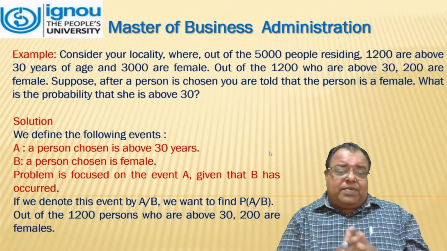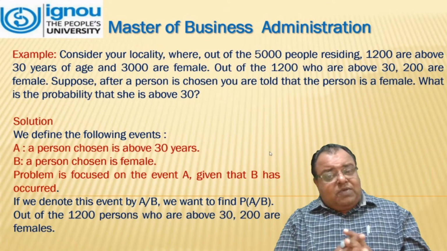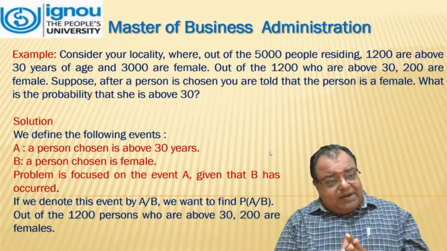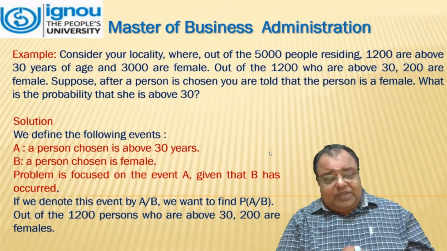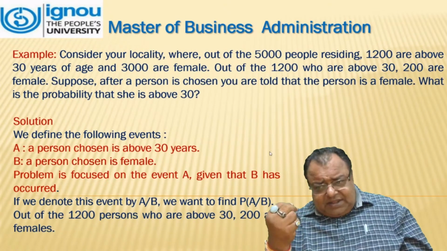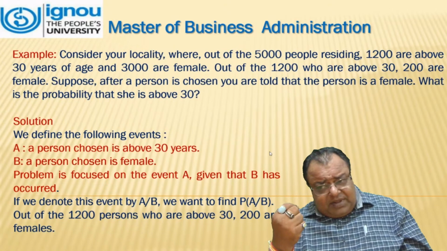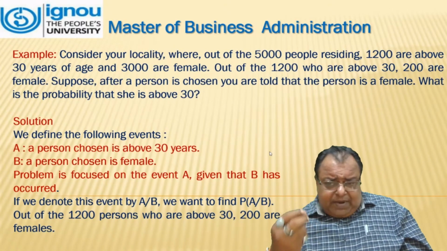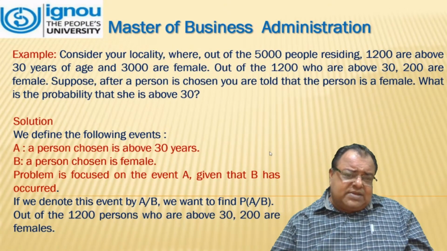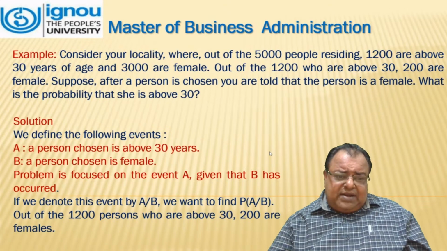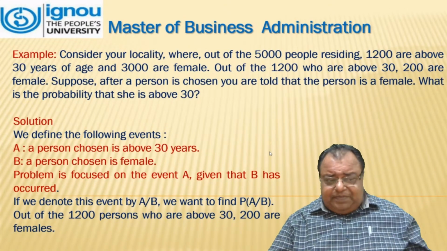Suppose after a person is chosen, you are told that the person is a female. What is the probability that she is above 30? So we see that there are two conditions in the problem. The first condition is that the person chosen is above 30. And the second is that she is a female.